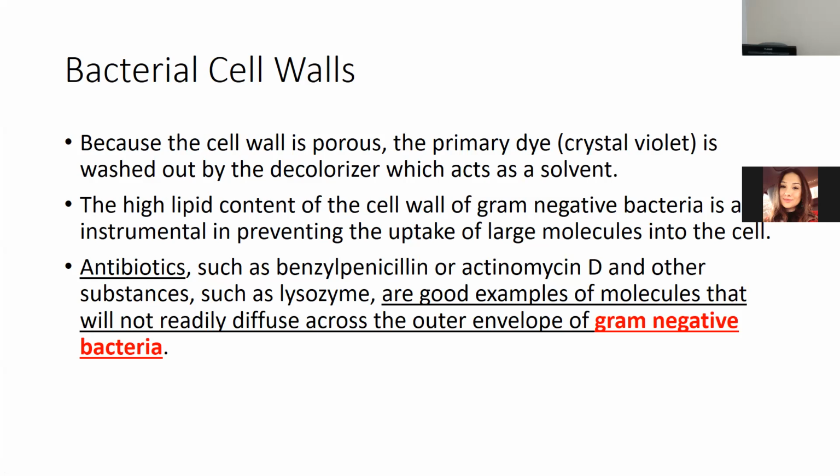So you can see that a gram negative organism might be a little bit penicillin resistant. Not that it did anything genetically to change itself, but it's just naturally built to prevent penicillin from punching holes in the cell wall.